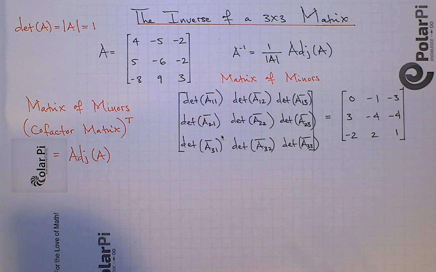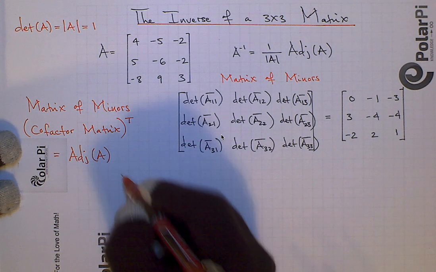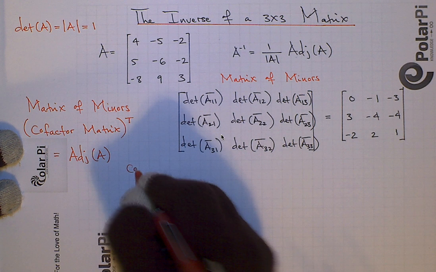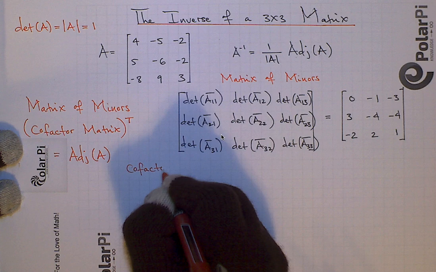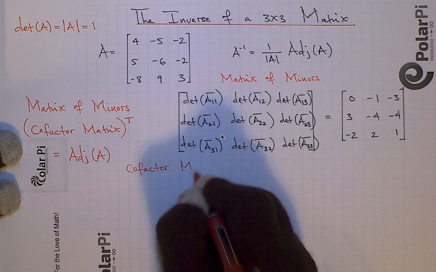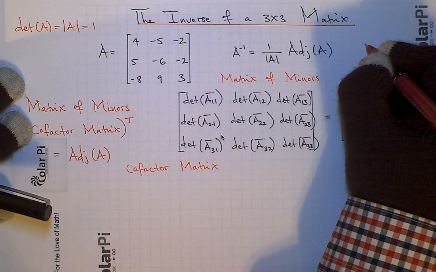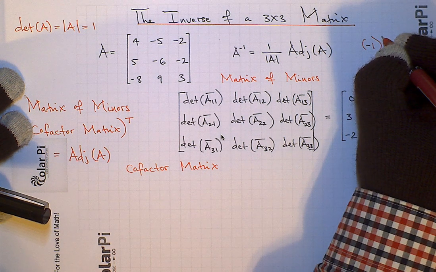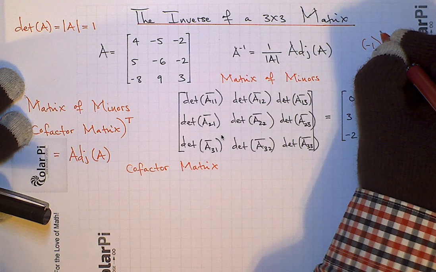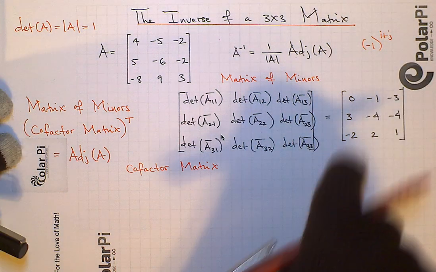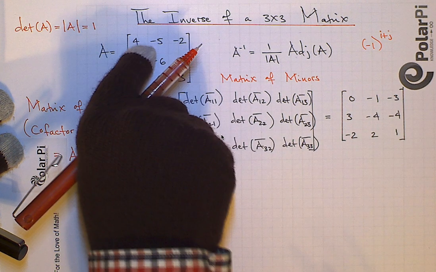And from the matrix of minors, we want the cofactor matrix. It's pretty easy to get to the cofactor matrix once you have the matrix of minors. Recall this quantity, -1 to the power of the sum of i and j. So for this entry, that'd be -1 to the 1 plus 1.